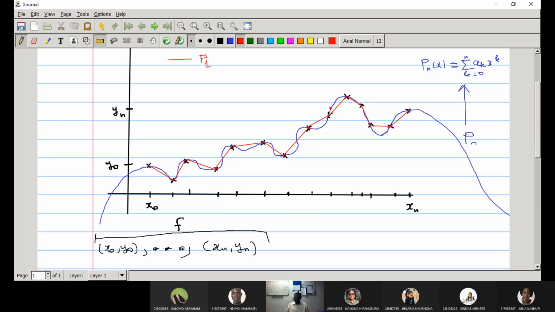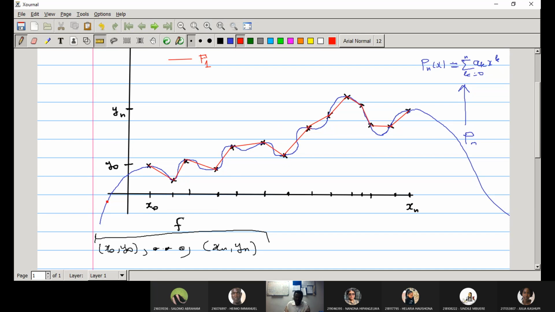But if the original function is differentiable, you see that differentiability is lost already. Good. Now, with a second degree polynomial, there's curvature. But with first degree, there's no curvature. That's why it's not smooth, right? At the interior point, you see that it's not smooth.